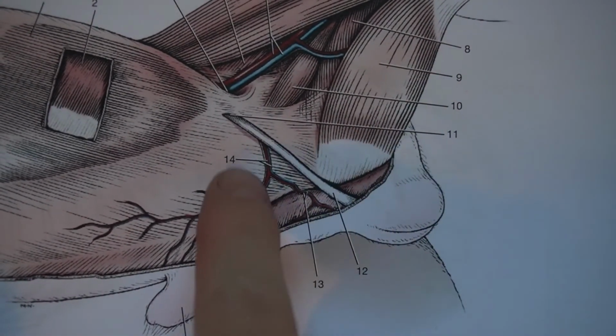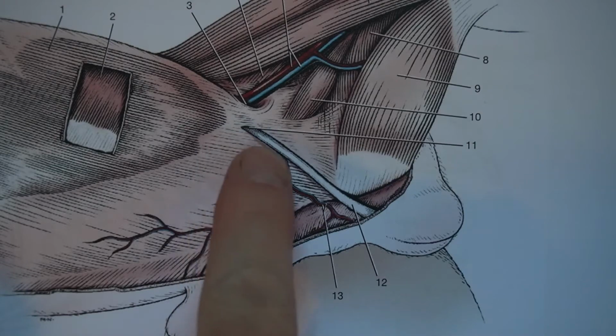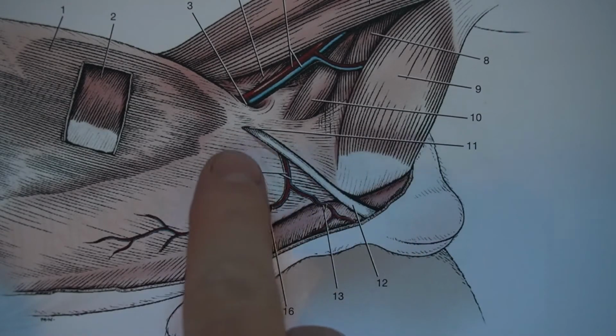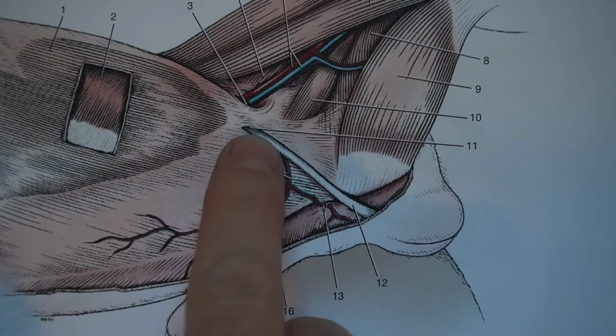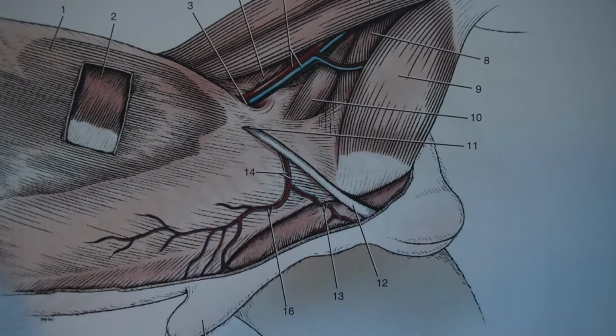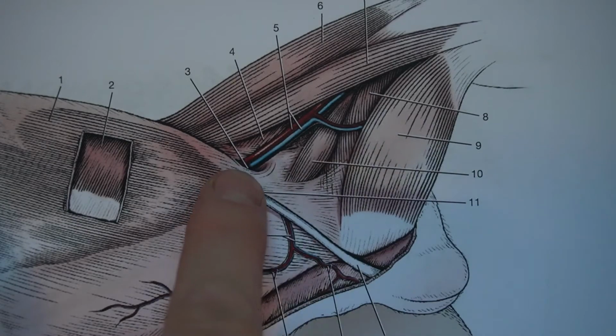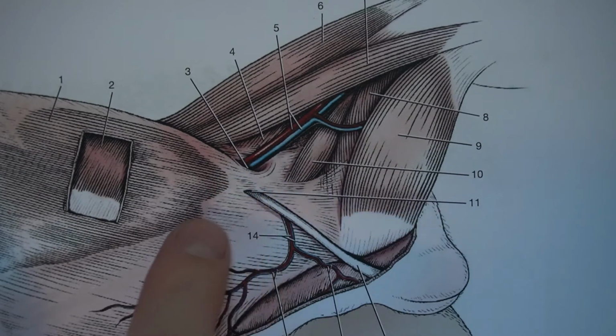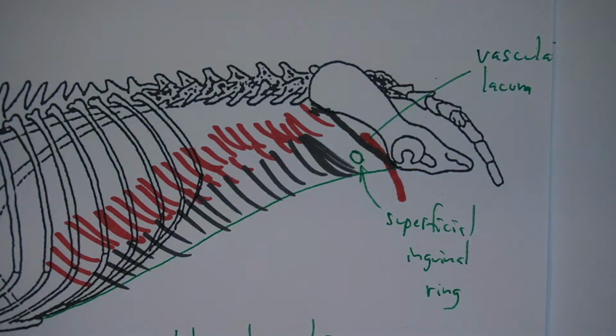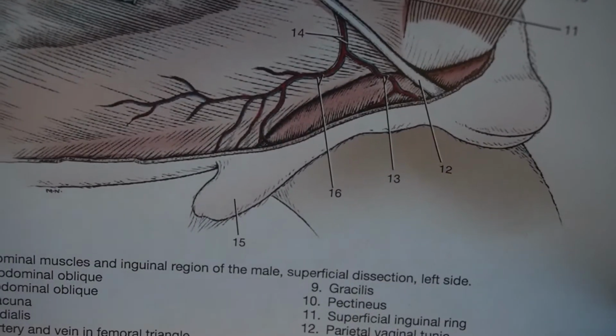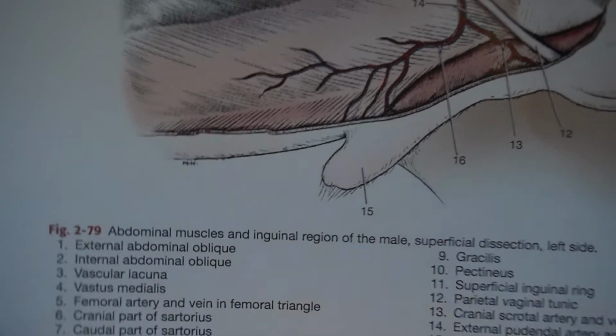And that is what you're seeing right here when the spermatic cord comes out the abdominal wall and heads over here towards the scrotum. So you're not going to see a nice hole. It's filled in with tissue and everything, but that's where the superficial inguinal ring sits. Vascular lacuna is up here where you can see these vessels jumping out right there. So there are those two things that we're drawing in over here. It's figure 279.